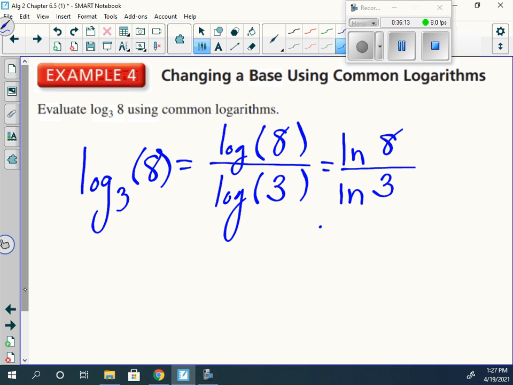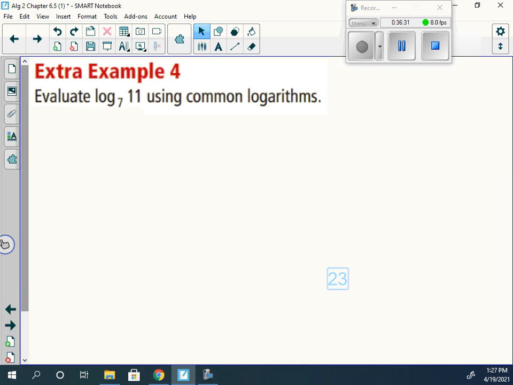So I don't have to go into the graphing calculator and find log base to type this in. We can type it in as log of 8 over log of 3, and it'll give us the same thing. Questions on this here? Now the homework will ask you to evaluate this to 3 decimal places, so you can just type it in and it'll give you 3 decimal places.